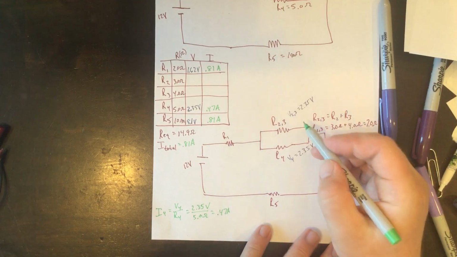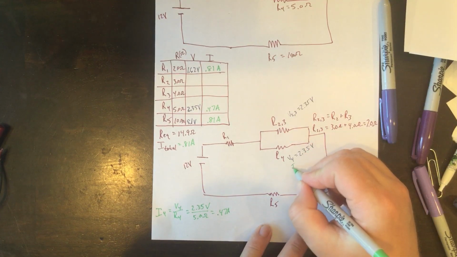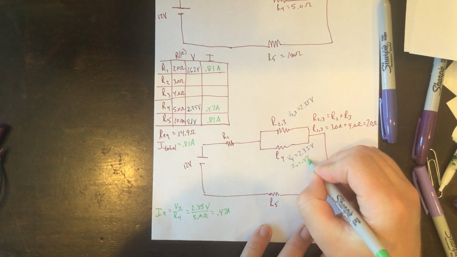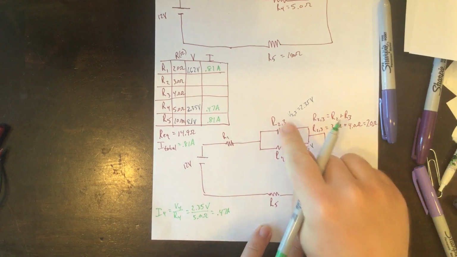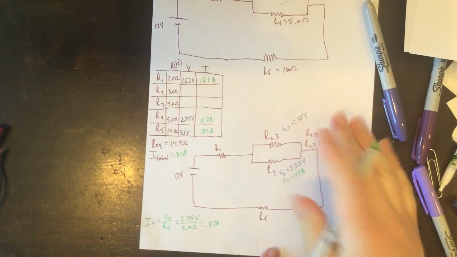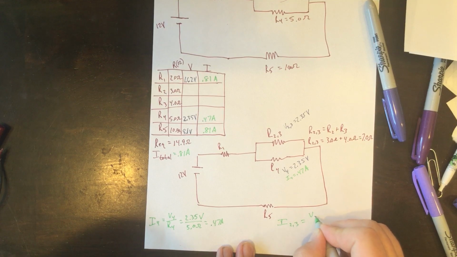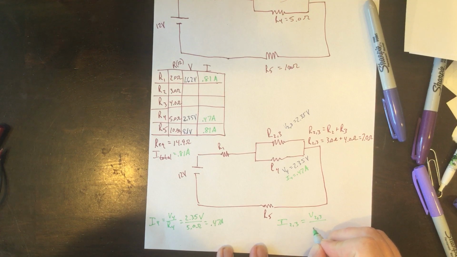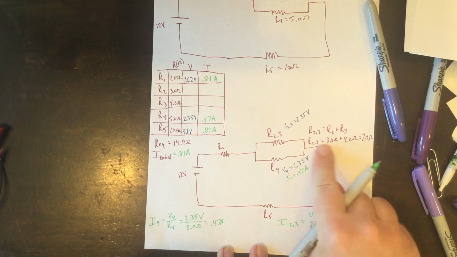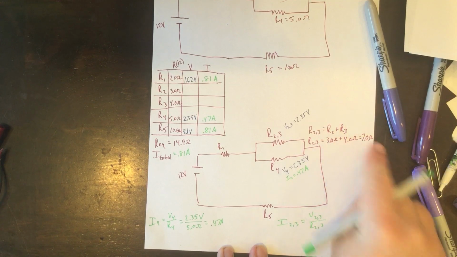All right, now, that does not mean that this one is 0.47 amps. So what's I23 going to be? It's going to be V23 divided by R23. Nice thing is, if we do these on the way down, they're going to be there on the way back.